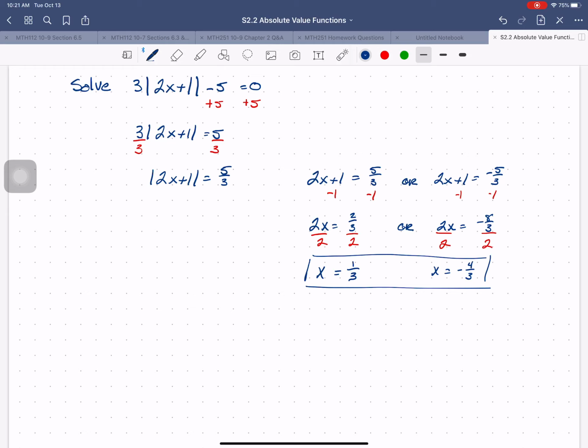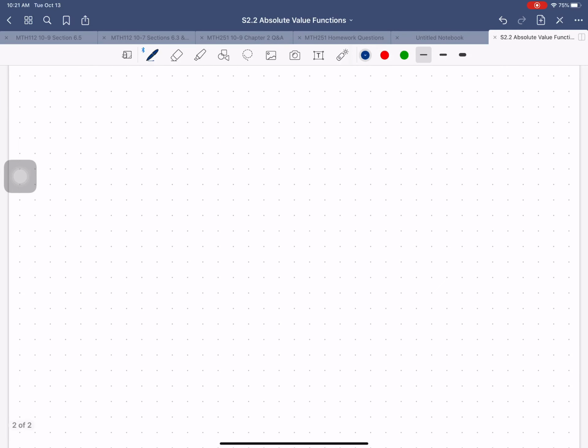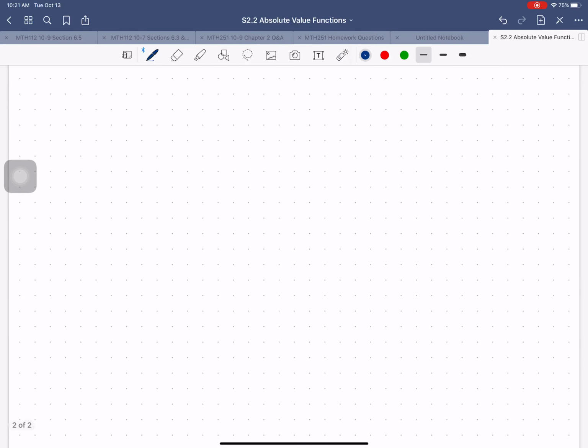All right, I want to do one more example with you that might look terrifying at the onset, but hopefully I'm going to show you that it's really not that bad. So I've got the absolute value. We're going to solve the equation absolute value of x equals x squared minus 6. Okay, deep breath.